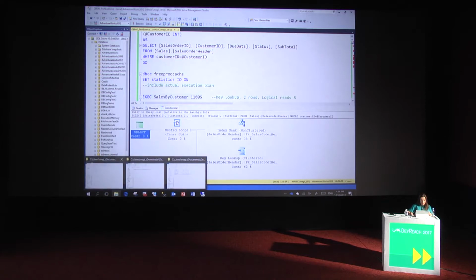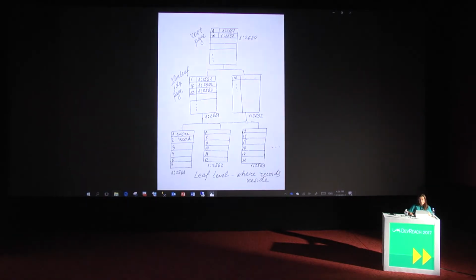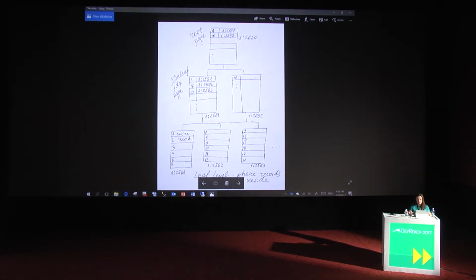So let me give you an idea, just roughly, how this works. If I have this column as a clustered index, this is a B-tree structure, then I have the sales order IDs of my sales order table ordered and stored in the leaf level of the index, which is the bottom level of the index.